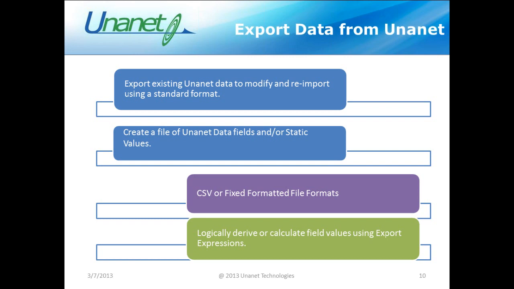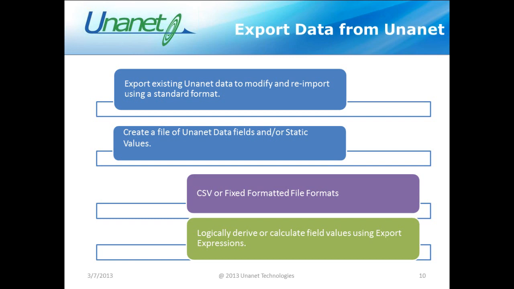The first thing that allows you to do is to take data in Unanet and send that out to integrate with another system. And the other thing you can do is the first bullet point here on this slide is to take Unanet data out, modify it, and then bring it back into the Unanet database. So making those updates on standard and existing data. We are going to later in the presentation go through a sample, and I'll show you how that type of interaction works.